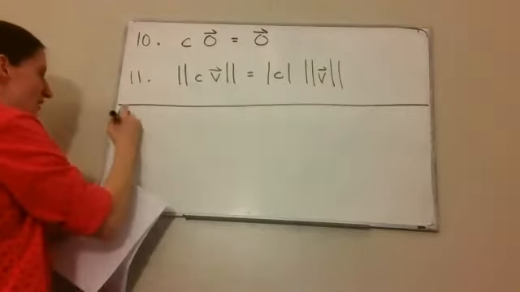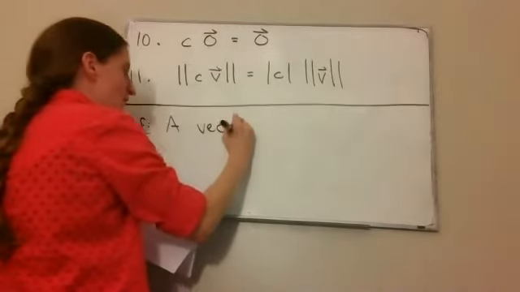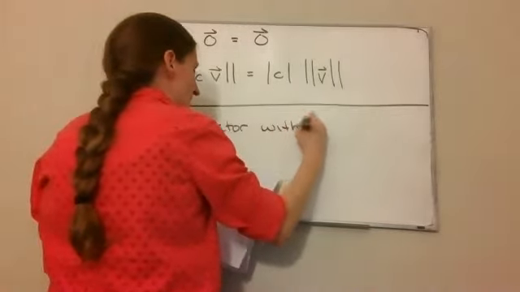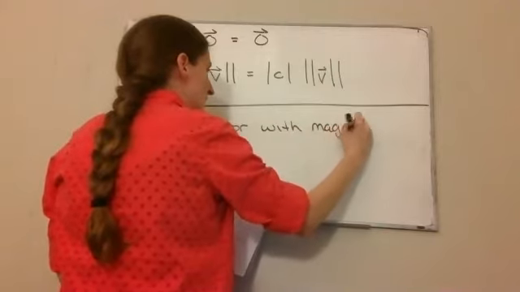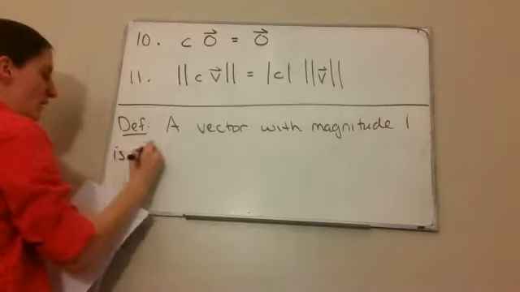Now, a definition. A vector with magnitude 1 is called a unit vector.